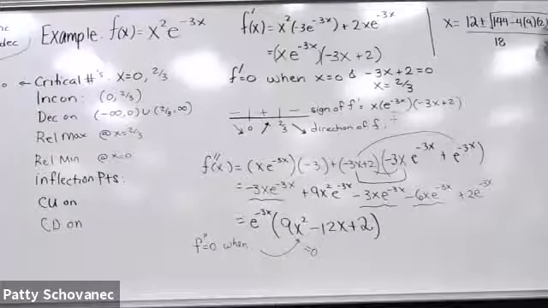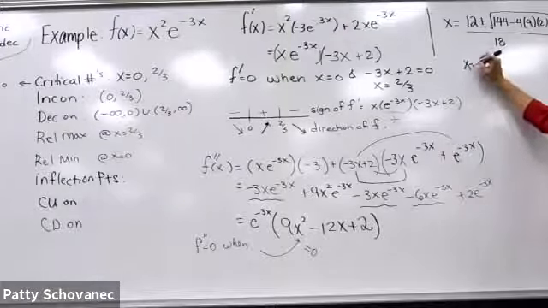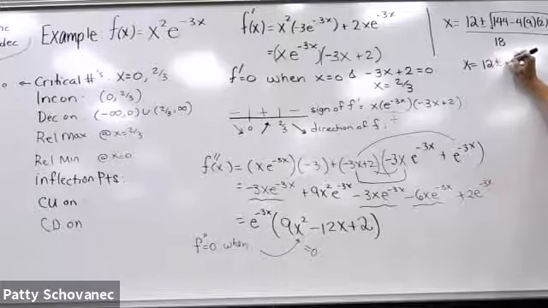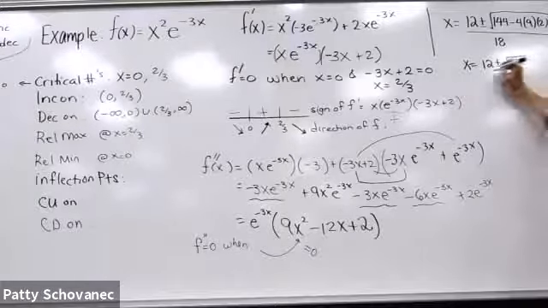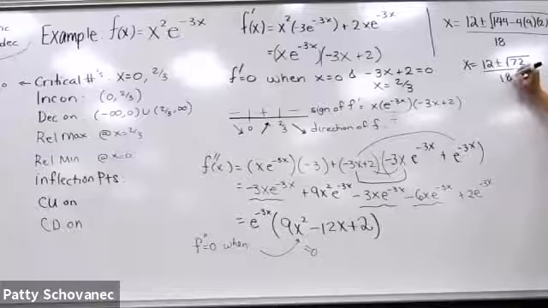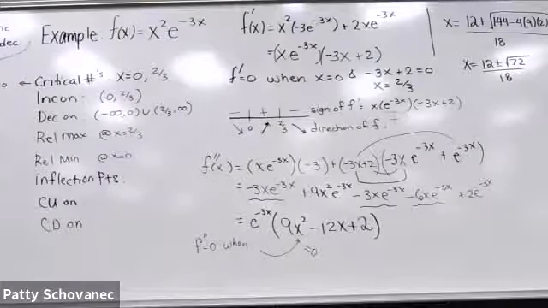So let's see. 8 times 9 is 72. 144 minus 72 is 72. Let's see, 72 is 9 times 8. 8 is 4 times 2. 4 times 9 is 36. So 72 is 36 times 2.